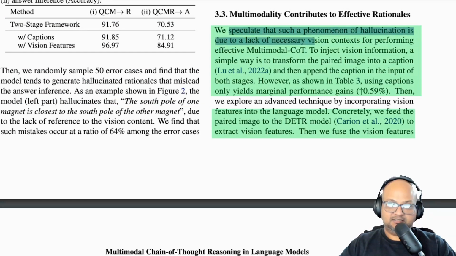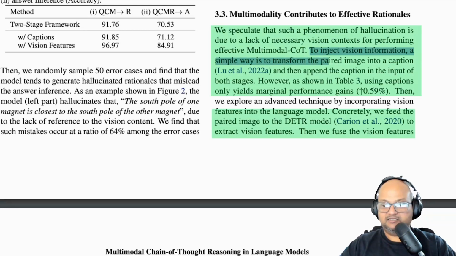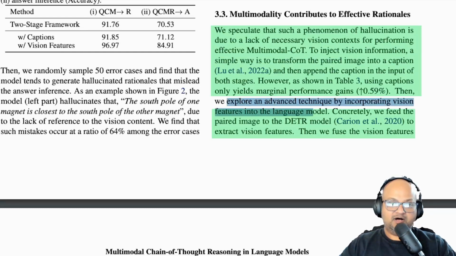Their hypothesis was that if you give the LLM images in addition to text as part of the prompt, that additional information will allow it to produce better chain of thought answers. And the way they do it is by incorporating these vision features into the language model.